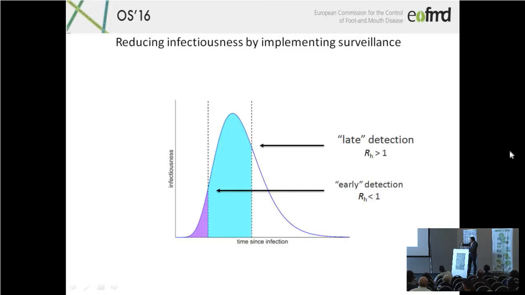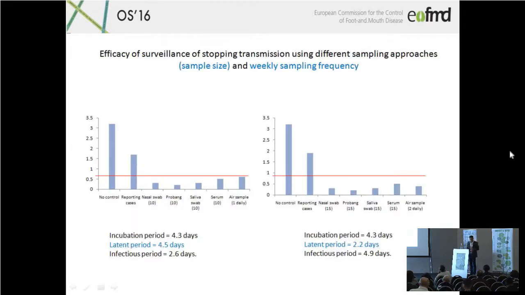In all this infectious process, if we detect here, probably we are early. If we detect here, probably we are late. The problem we have is we don't know when this started in time. We only know probabilistically that we go at a random time, and given this, we need to know how many samples to take, and if this is going to be enough with the frequency.